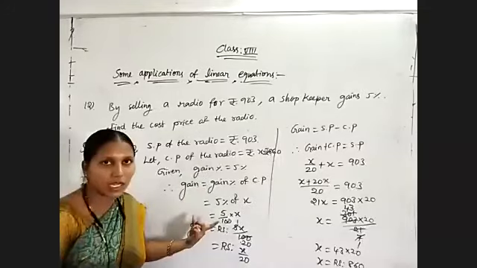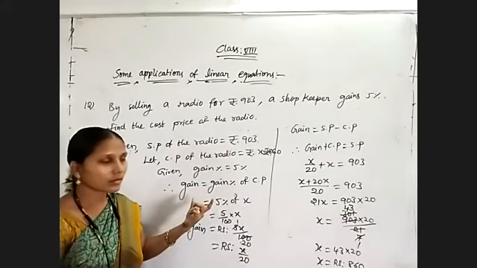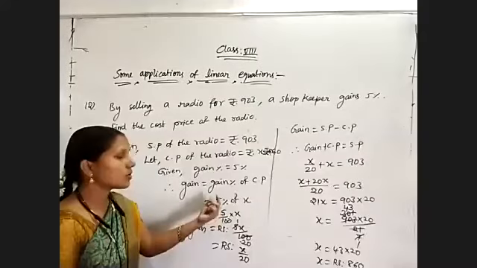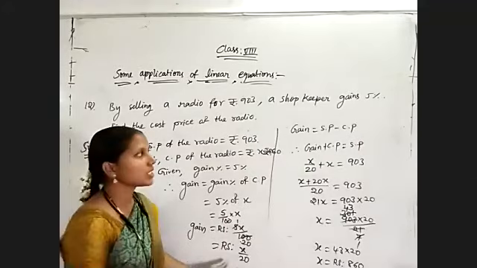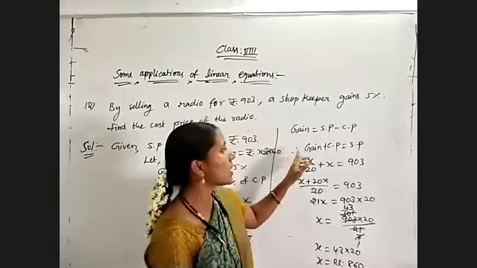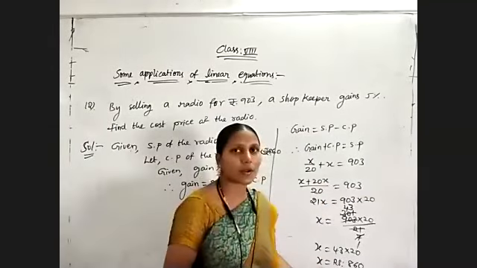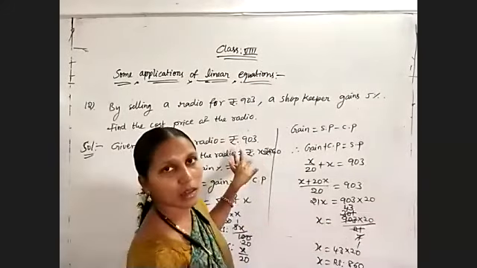So we have the formula: gain is equal to gain percentage of CP. So that is 5% of x, that is nothing but x by 20 rupees. Then gain is equal to SP minus CP formula. So from this, gain plus CP is equal to SP. So by simplifying that, we got the x value, 860 rupees. x is nothing but CP.